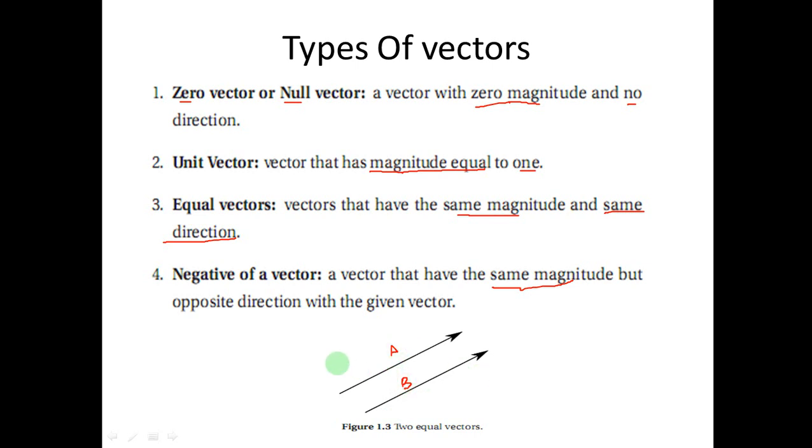If I draw a vector which is parallel to B, but if the direction is opposite, these 2 vectors will be negative of a vector. So in terms of magnitude they are the same, but they do have opposite direction.